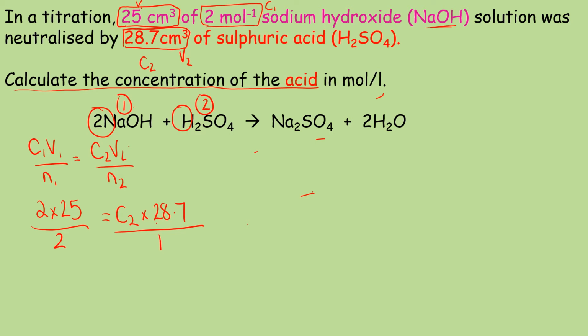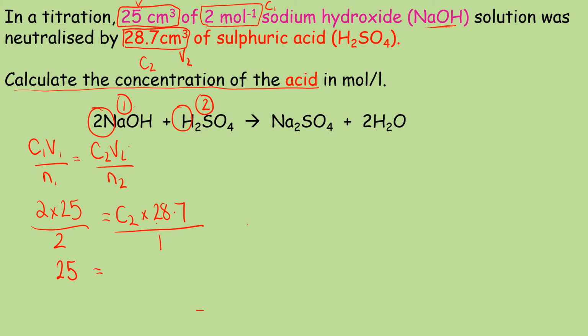So we've got a bunch of numbers and we need to simplify it down so we can work out an answer. We start with the side that's only numbers: 2 times 25 divided by 2. Well, 2 times 25 is 50, divided by 2 is back to 25.